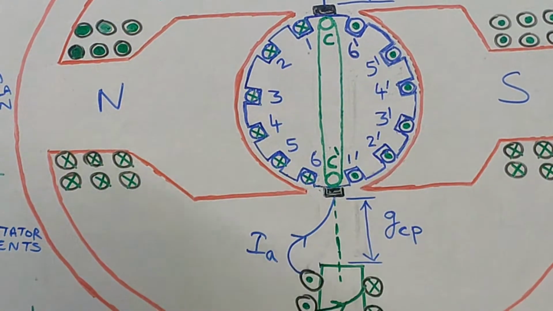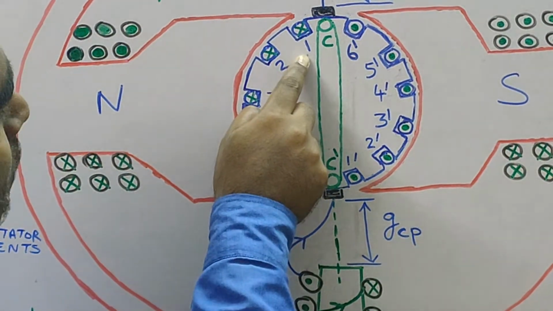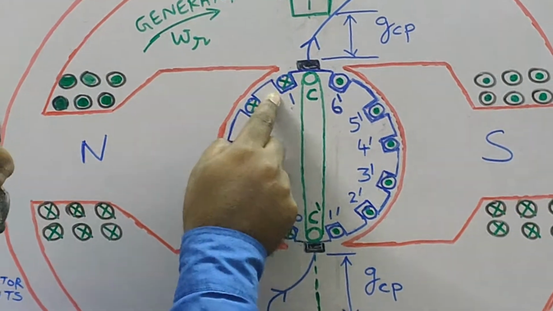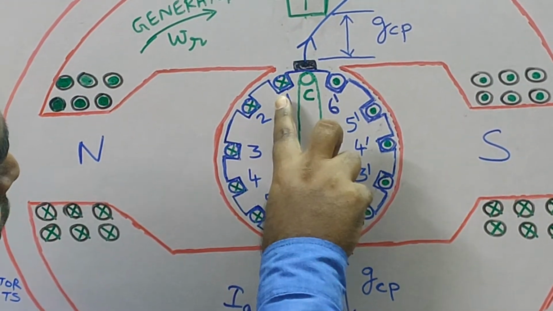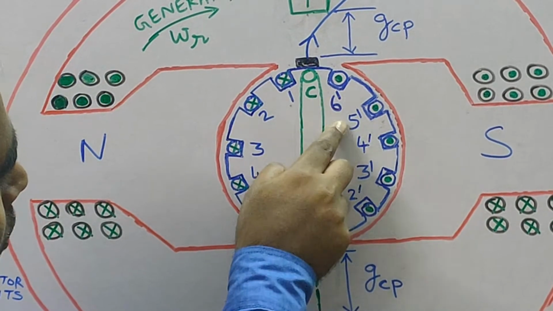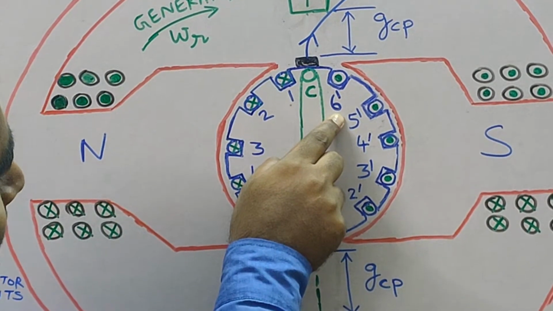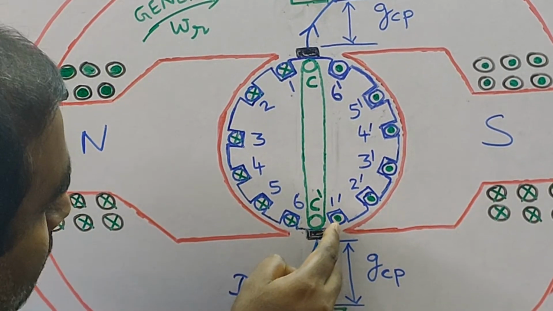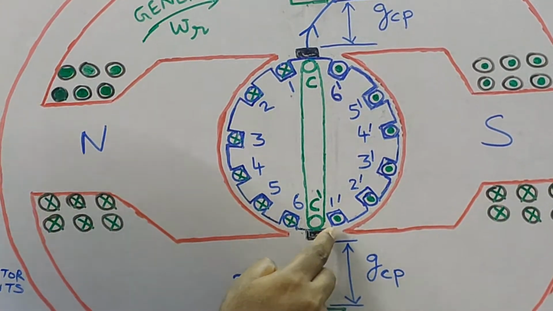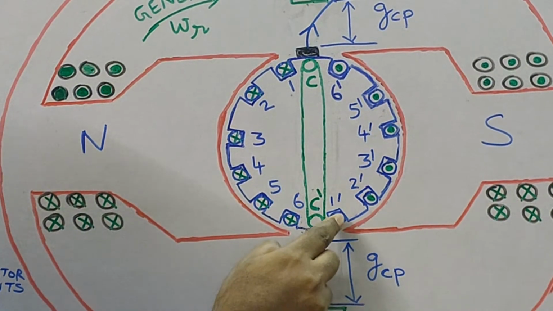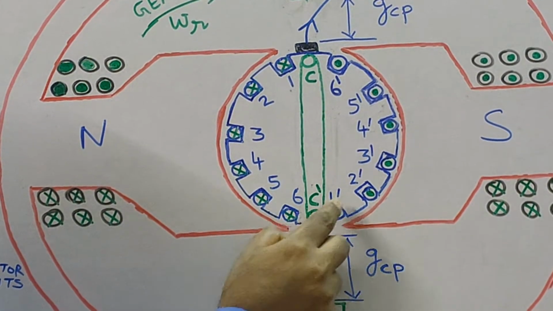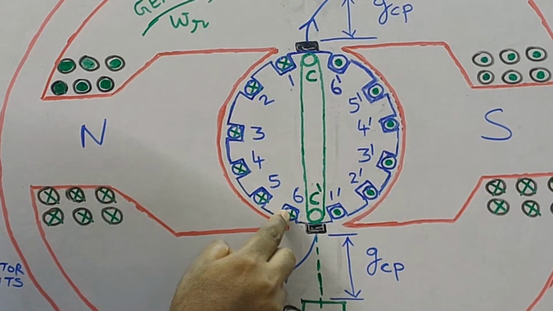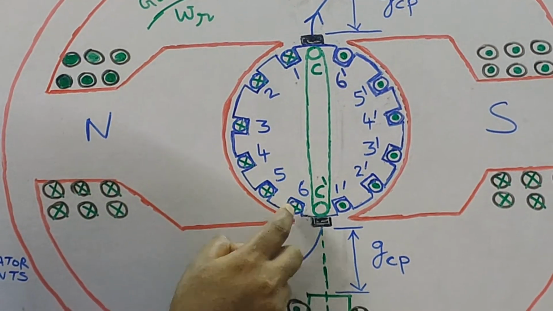So the induced EMF polarity of coil side 1 will change from cross to dot when it moves to the position occupied by coil side 6 dash, and at the same time the induced EMF polarity of coil side 1 dash will change from dot to cross the moment it occupies the position occupied by coil side 6 at this moment.